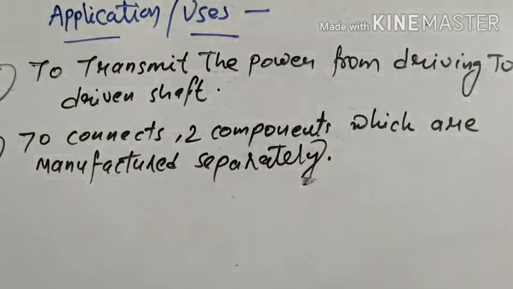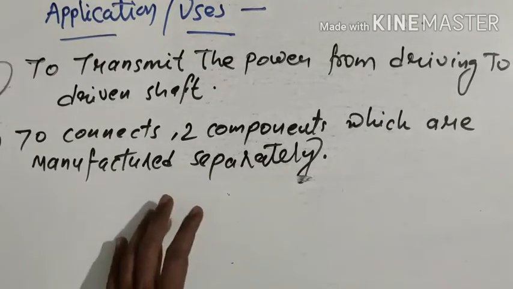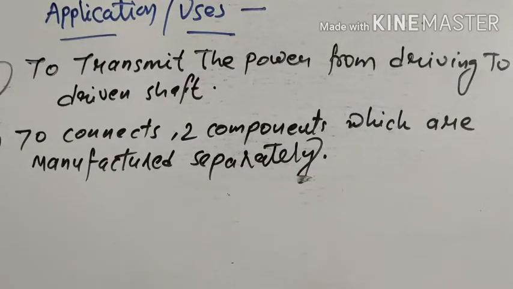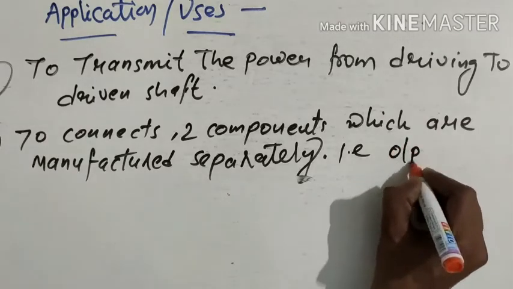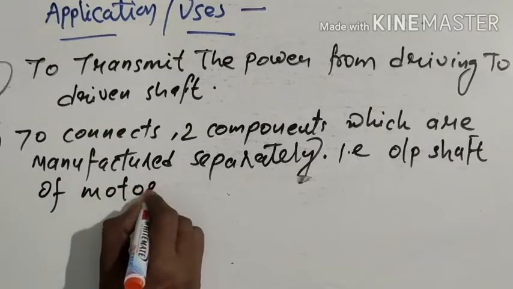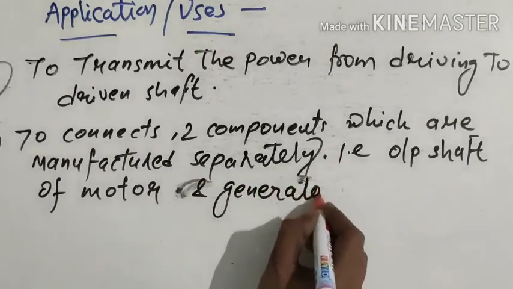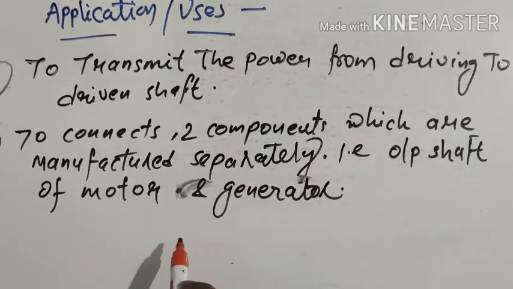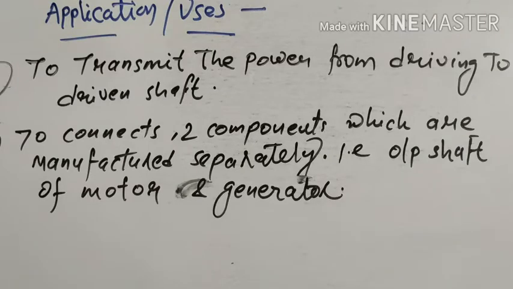It connects two components which are manufactured separately, just like the output shaft of a motor and a generator. So you can see the arrangement of motor and generator. From there we can use the coupling. I provide the exact diagram in the video.